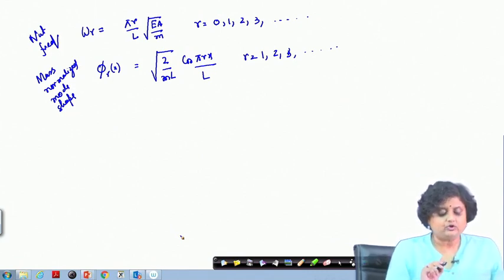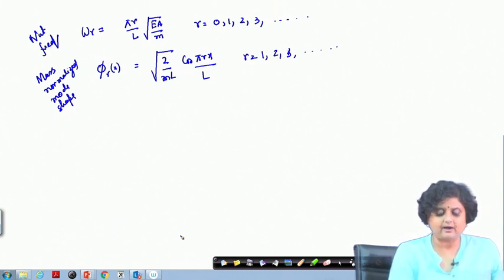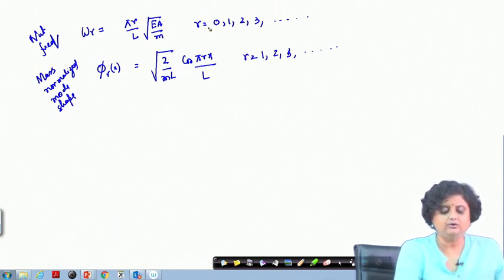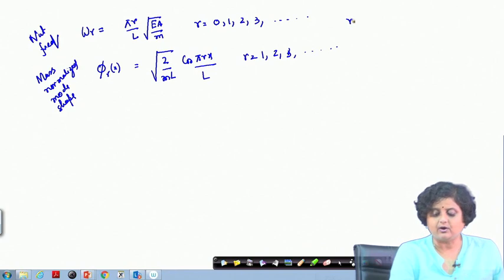Now, the thing that we should notice is that unlike the previous cases or the previous example, r equal to 0 is also a possible solution for the natural frequency. That is because this has a rigid body mode.